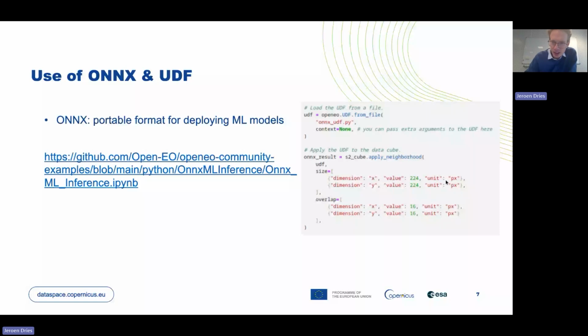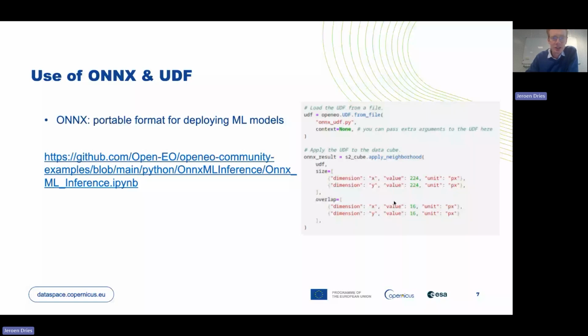And with the settings that are shown here in the screenshot, it would run over all time steps, all bands, and then an area of a certain size, even with an overlap between chunks to allow you to get better continuity of your classified map.